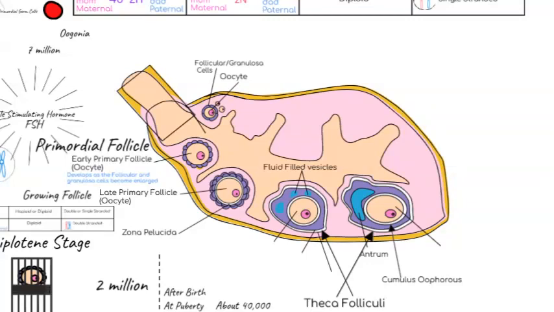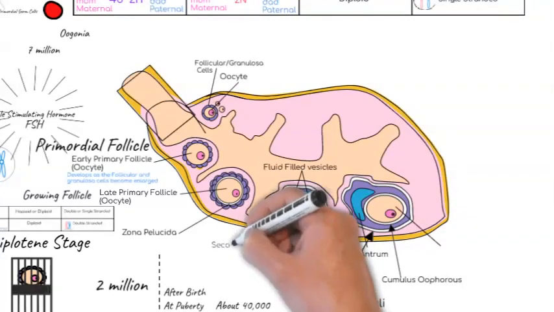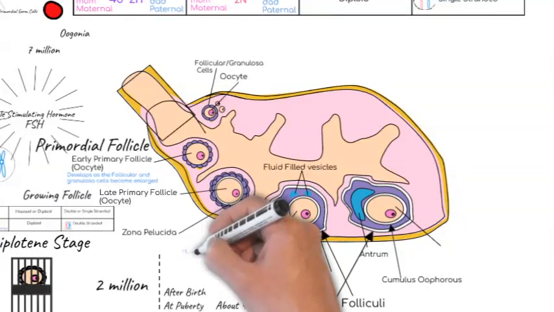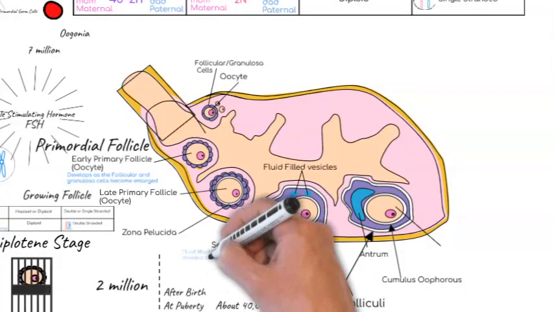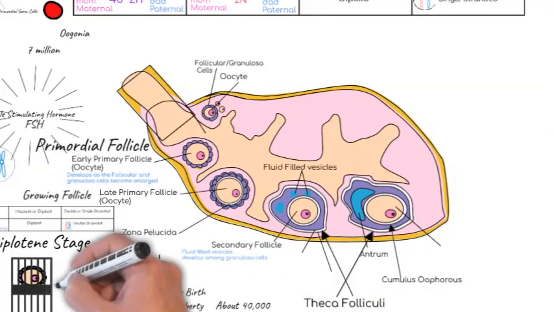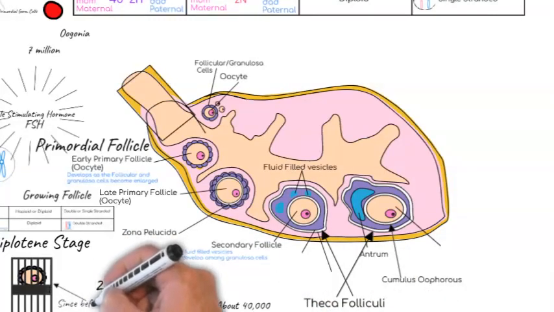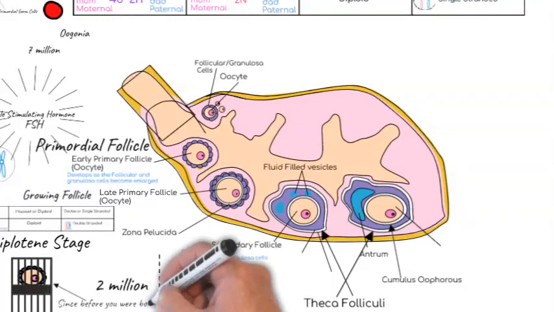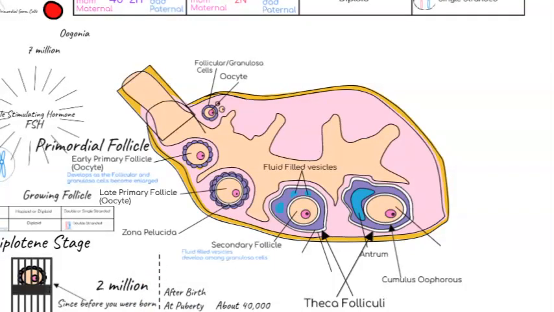At this stage of the growing follicle, once it develops this cavity, the fluid-filled space called antrum, and the theca folliculi surrounding the structure, it is now called secondary follicle. So now we went from primary follicle to secondary follicle. Remember, this secondary follicle still has the primary oocyte or ovum inside of it, which is still arrested in the diplotene stage of prophase 1 of the first meiotic division.